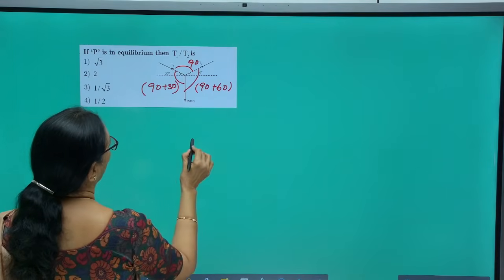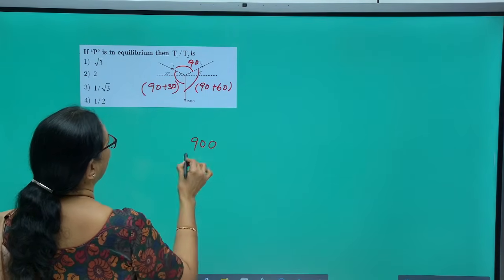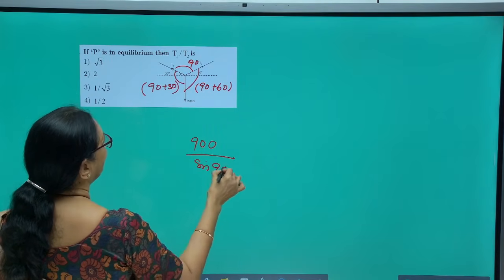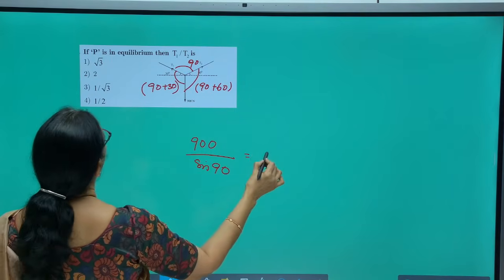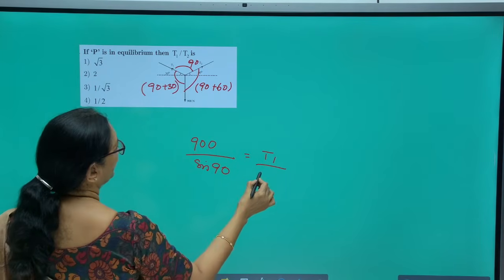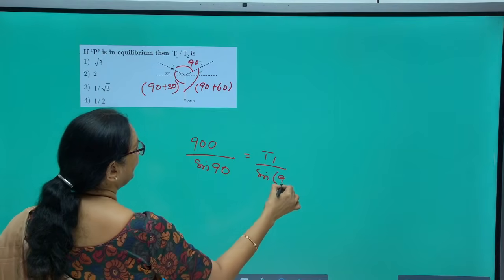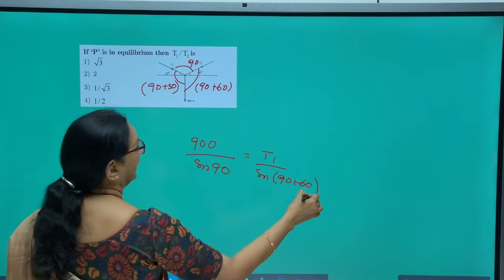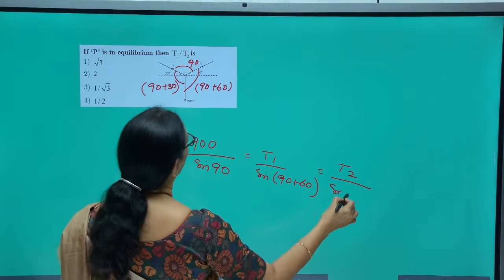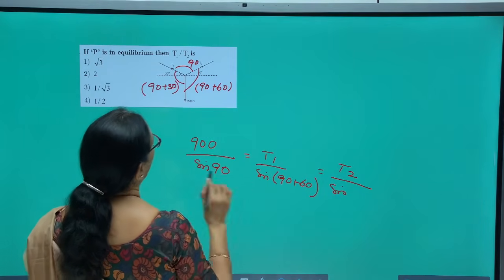So, 900 by sine of its opposite angle, sine 90, is equal to T1 by sine of its opposite angle, 90 plus 60, is equal to T2 by sine of its opposite angle, 90 plus 30.